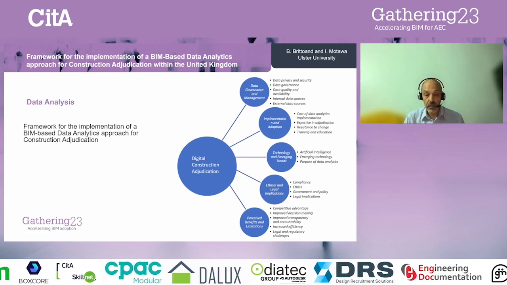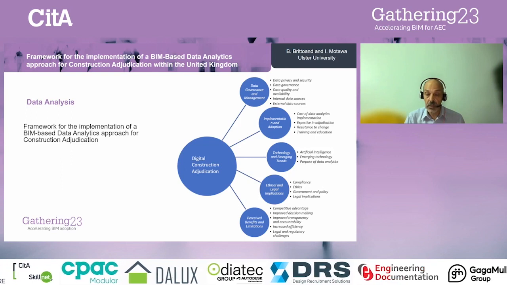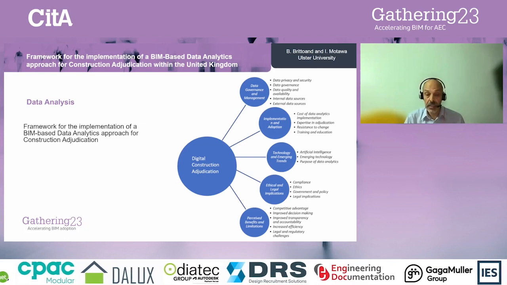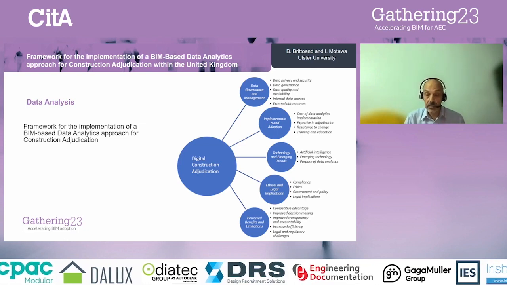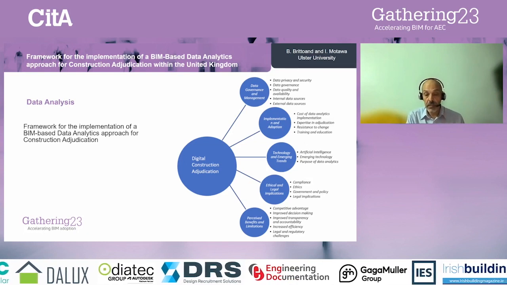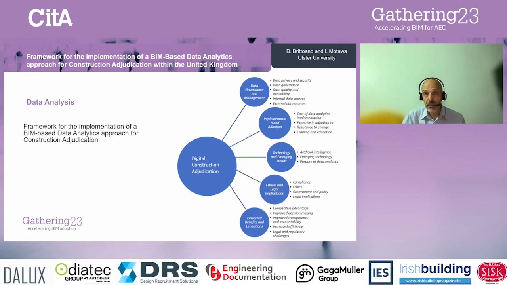It has codes related to the perceived advantages of data analytics, such as improved decision making and increased efficiency, as well as the legal and regulatory challenges that may occur. The theme also addresses the perceived limitations of the available techniques.